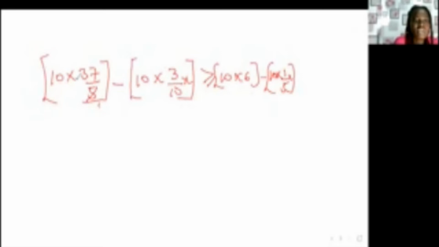So that 5 goes here 1, 5 going into 10, 2. 10 and 10 cancels out. Then 5 goes here 1, 5 also goes here 2 times.